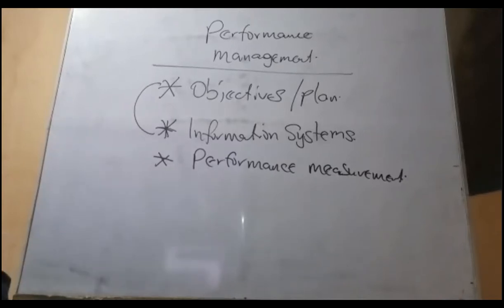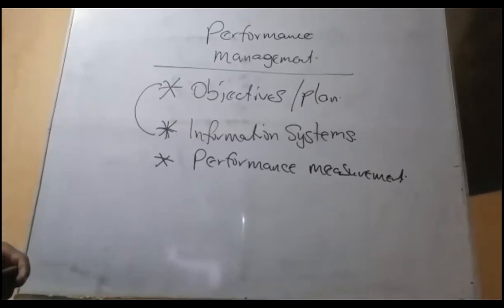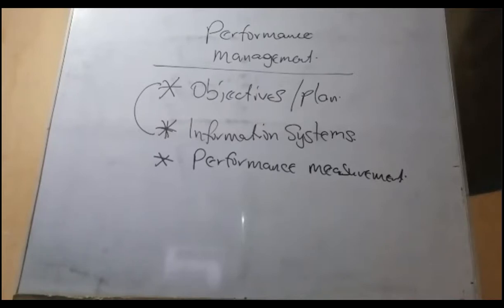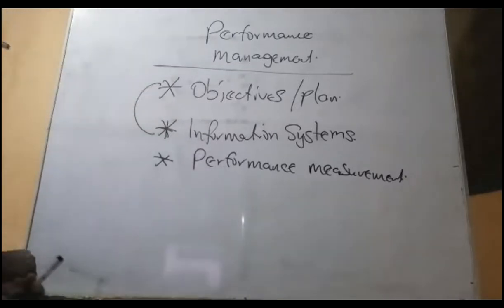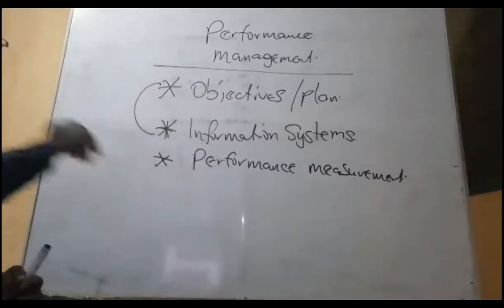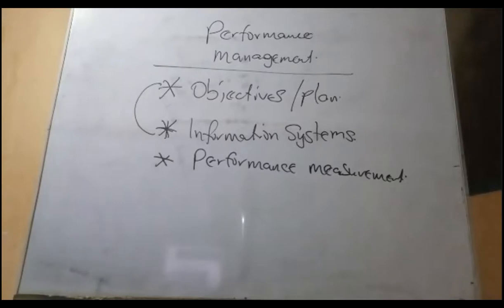Here we are going to talk about how to measure the performance of the organization. It aims to establish how well something or somebody is doing in relation to a plan. First, set an objective or a plan, an agenda for yourself. Then come again and measure whether you've achieved that agenda or performance.